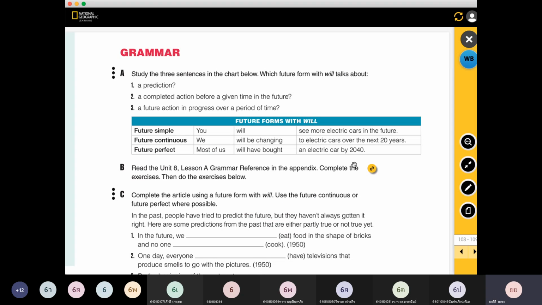So just to give you some idea of this, and then they're going to explain further about this one. But before we go into details about these three forms, just to give you some further information, or just to remind you what you have known about these three aspects of future forms here.